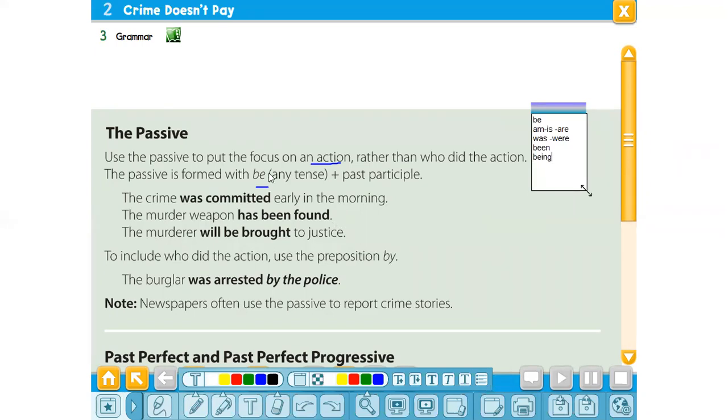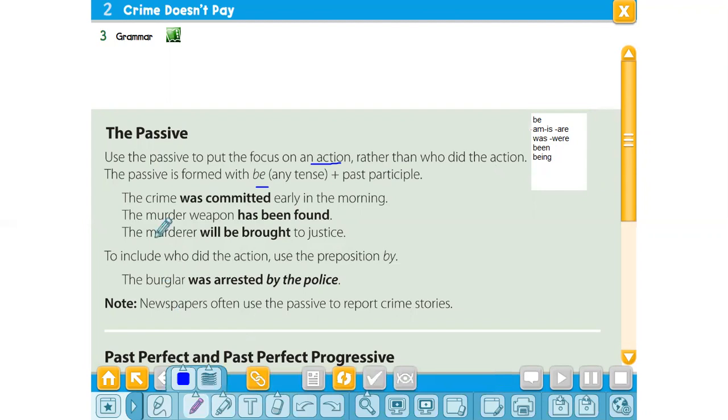Again, verb to be at any tense, that means we use be for infinitive, am, is, are for present simple, was, were for past simple, been for past participle, or being for progressive. Clear now? Write these notes, please.